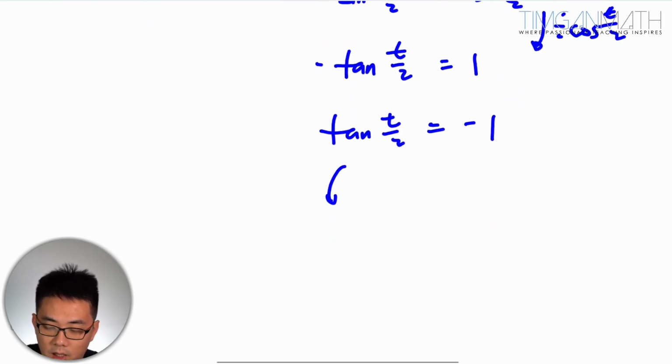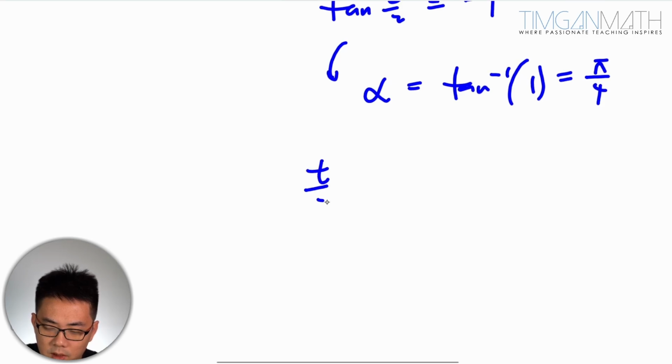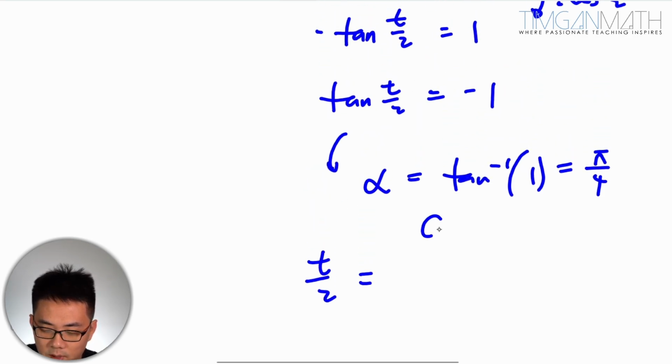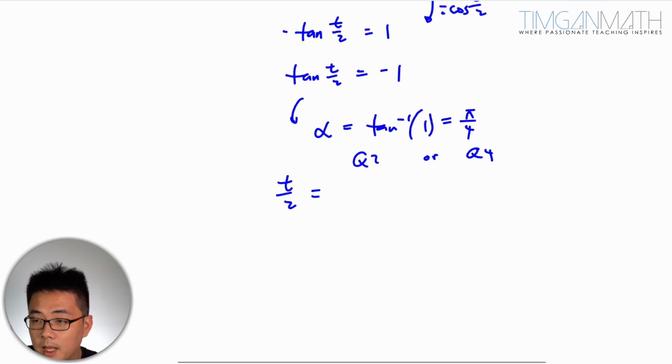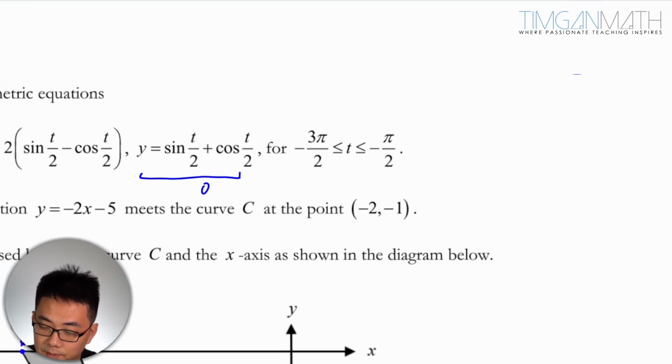So here, t over 2, the basic angle will just be tangent inverse of positive 1, which is actually just pi over 4. So t over 2, because it's negative 1, can be in quadrant 2 or quadrant 4. It really depends, but our t is t over 2 here.